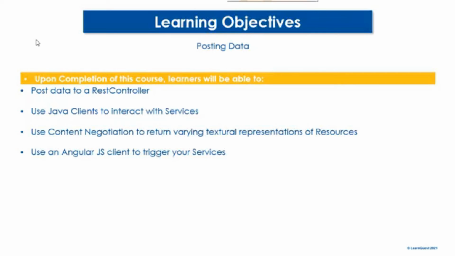We will then explore the principle of content negotiation, where your services can make decisions on how the textual representation of resources, i.e. Java objects, are to be returned, JSON or XML. And then we'll also look at a different type of client, very briefly, an AngularJS client that can be used to trigger your service endpoints and consume them in JavaScript.